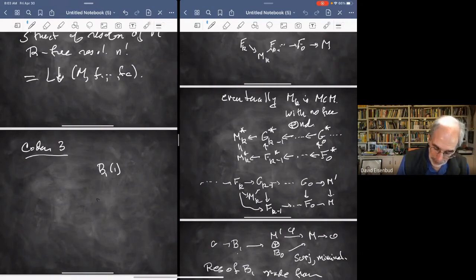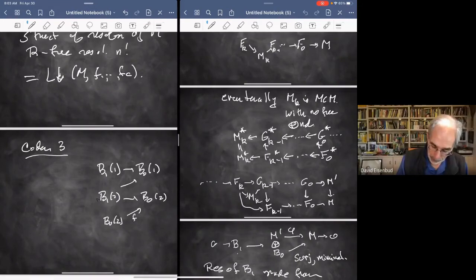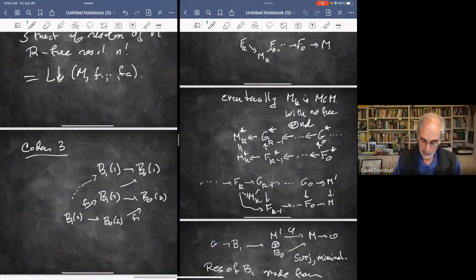B1 of 1 to B0 of 1. That's layer 1. B1 of 2 to B0 of 2. And there's a map, and then there's a Koszul complex attached to that, B0 of 2 and F1, and B1 of 2 and F1. And there's another map here, I should have said. So there's a whole map between these two layers.